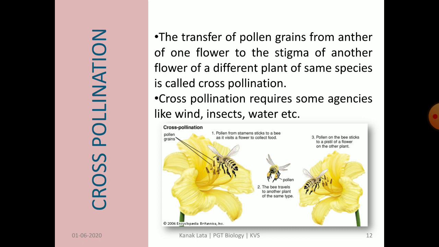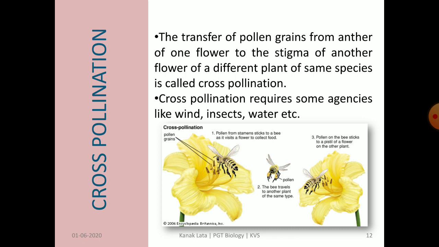Now we will see about cross-pollination. In cross-pollination, there is transfer of pollen grain from anther of one flower to the stigma of another flower of a different plant but of same species. In cross-pollination, different agencies are required for pollination.